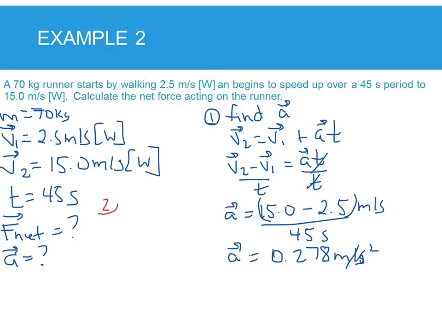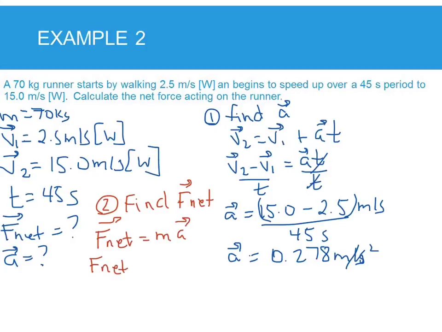So then step 2 is going to be to find F net. So to find F net, you're doing your mass times acceleration. So we don't need to rearrange that because we're trying to find our F net.